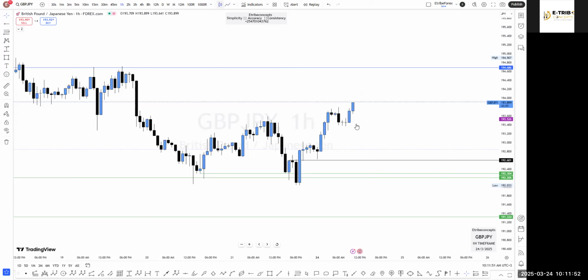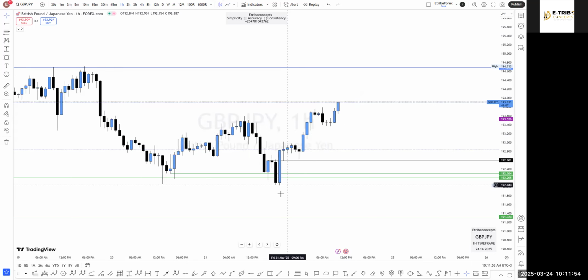Validation and invalidation point. If I look at it keenly, I can't really see anything serious here. So if I have to consider an area of entry for buys, I'll use this type 1.